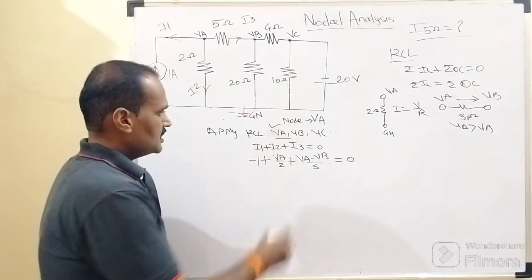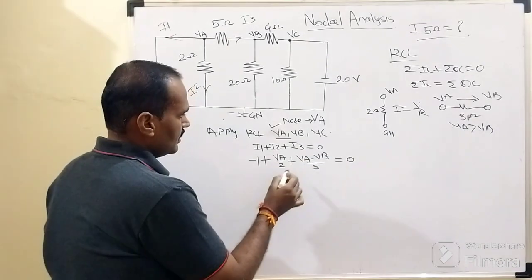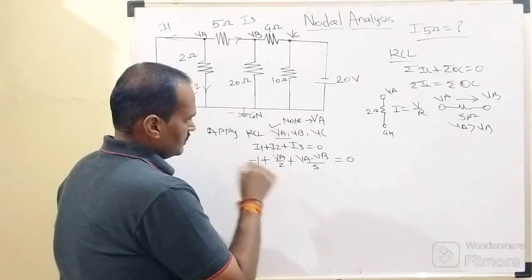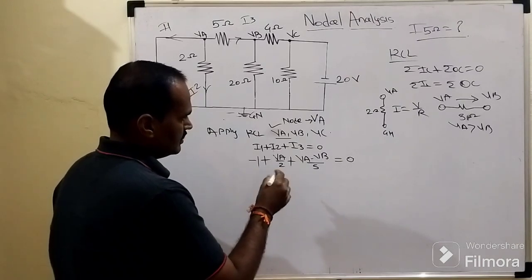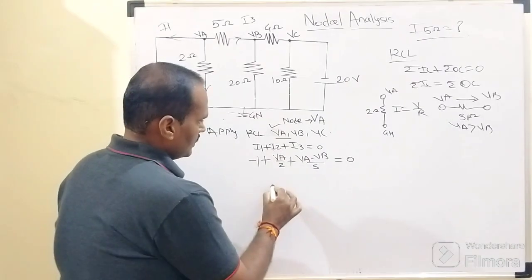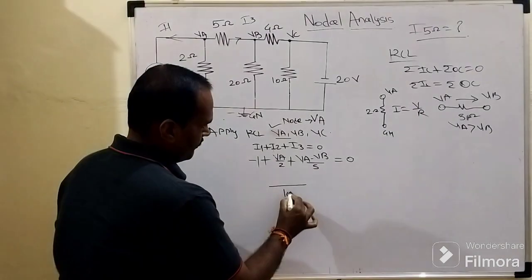Okay. Then after that, we simply do some mathematical simplification. This -1 is shifted to the right hand side of the equation. At the same time, which term is preferable for taking LCM? 2 and 5 give 10. So this 10 can be considered as the LCM, right?